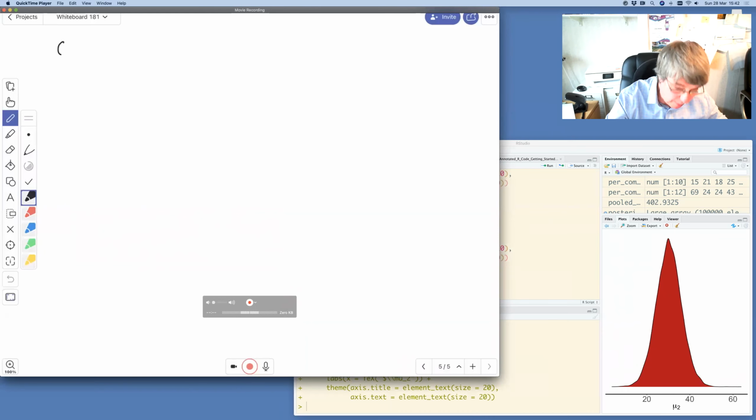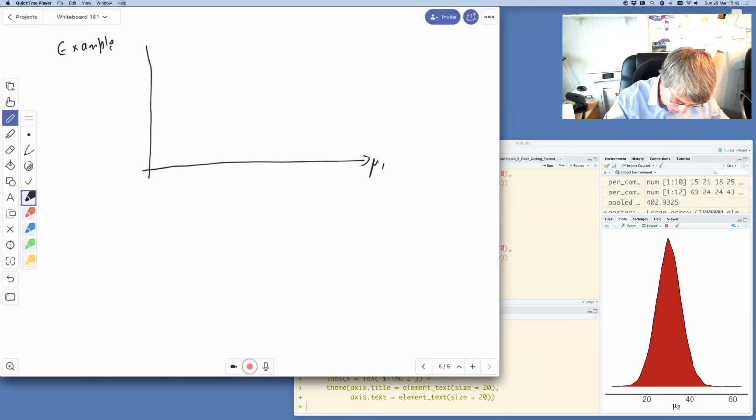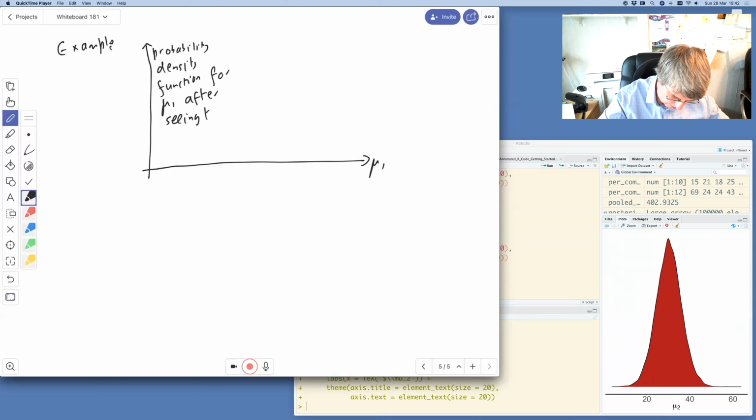So, for example, what we end up with is a probability density function for mu1 after seeing the data.